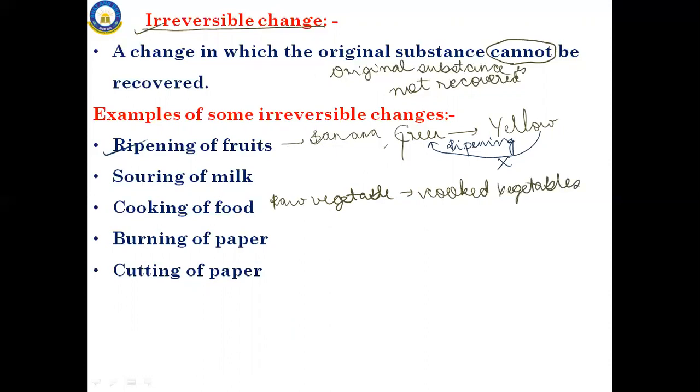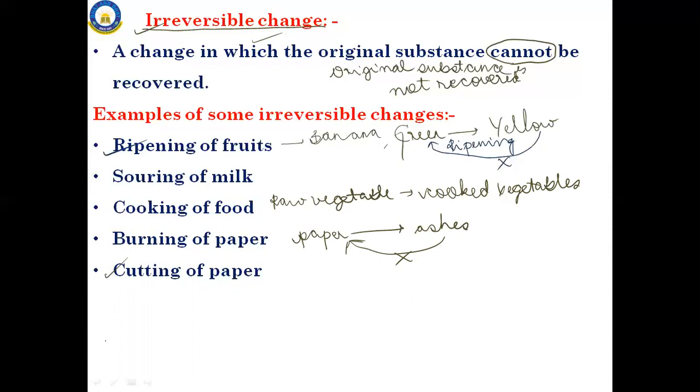And burning of paper, because burning of paper turns the paper into ashes, and ashes cannot be turned back into paper. Next we have the cutting of paper, which is also an irreversible change.